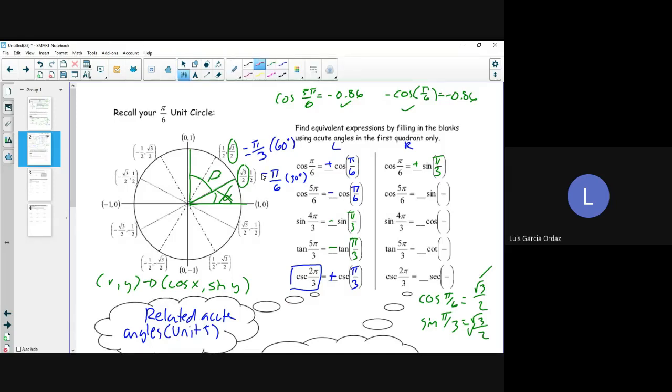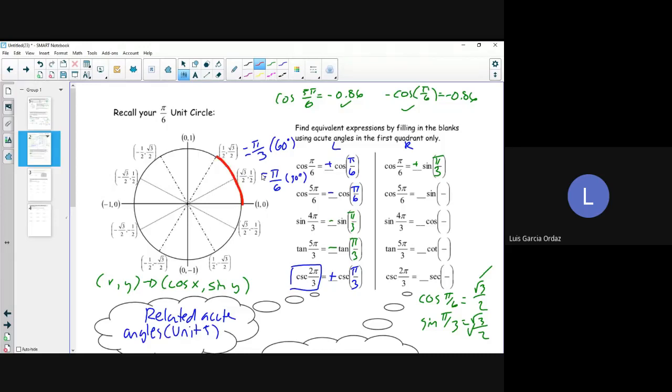Let's try the rest of them and see if we can achieve this. So our next one is cos of 5 pi over 6. Where does cos of 5 pi over 6 land? Quadrant 2.